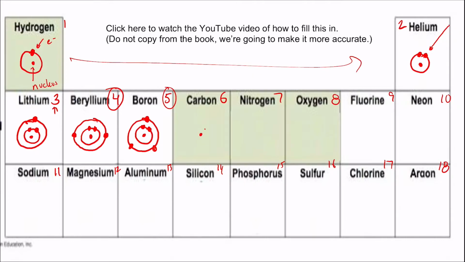Carbon has a nucleus, 2 electrons in its first energy level. So 2 plus 4 will give us 6. So it's going to have 4 in its second energy level. If you were to imagine that carbon or any atom has a box around it, this is where the rest of the electrons are going to go. They can either go on the top, the right, the bottom, or the left.